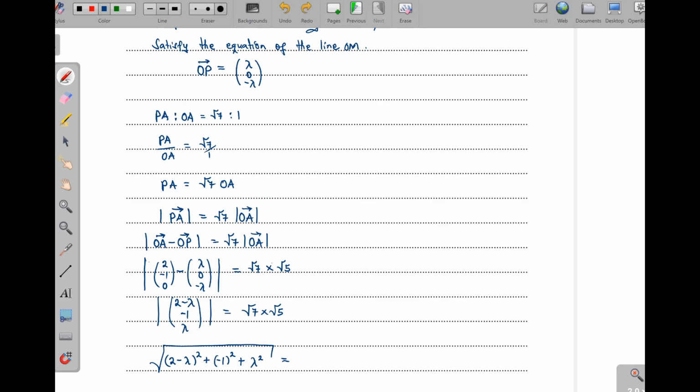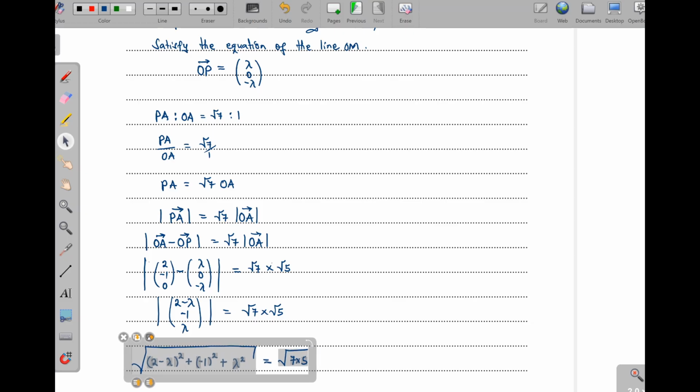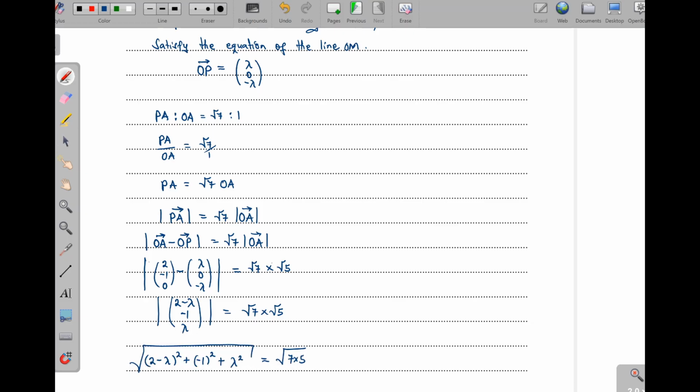Then here I can just say the square root of 7 times 5. Now, when you look at this, don't you think the square root signs are going to cancel, or you square both sides, not so? Now let me reserve the space here. I think I'm not going to open the next page. Let me just use this one here.